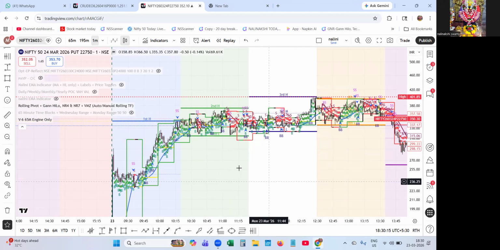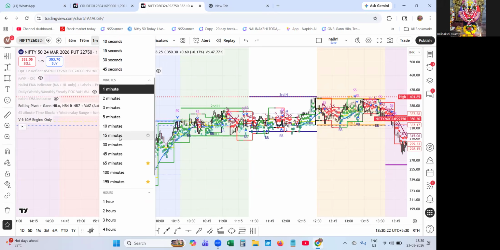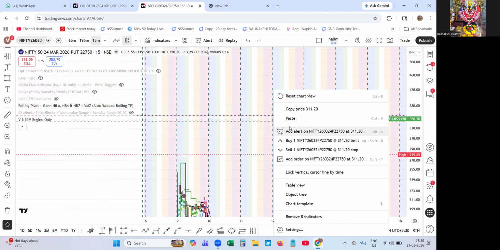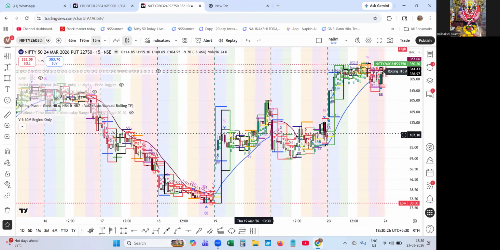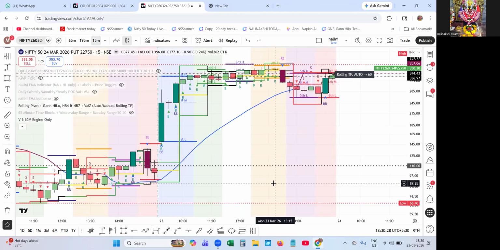With my template, you are getting the second hour. Even if you change the time frame, you will be comfortable to take the trade. With the first pivot box, you need it. When the market opens, you will come to know the formation of the pivot box, you can make out.